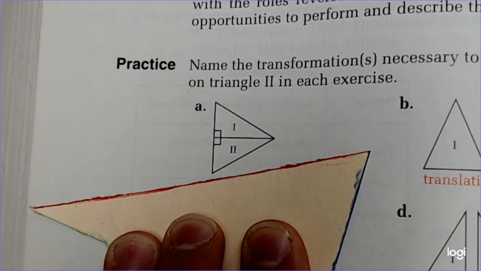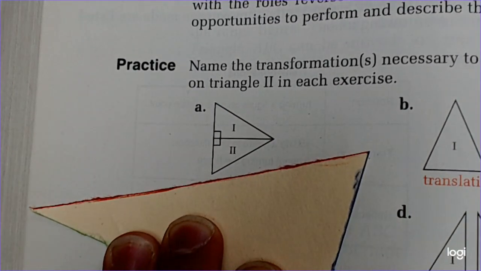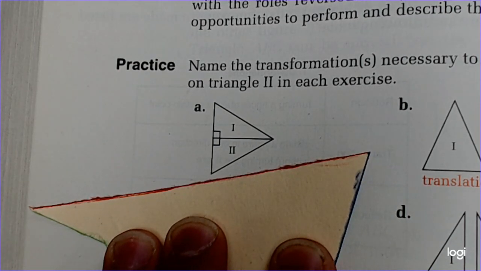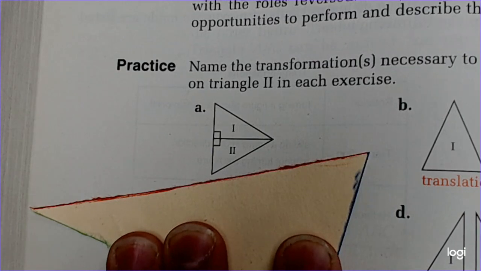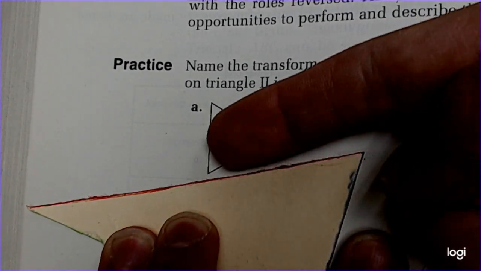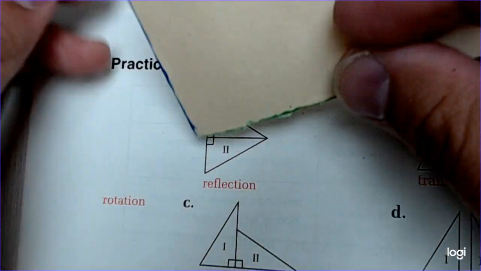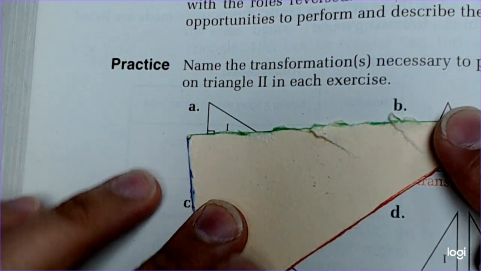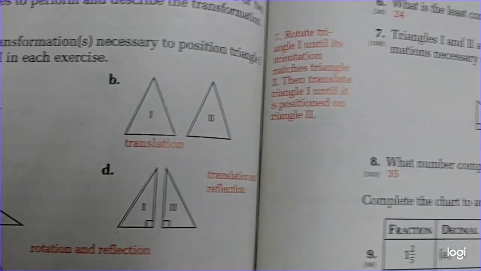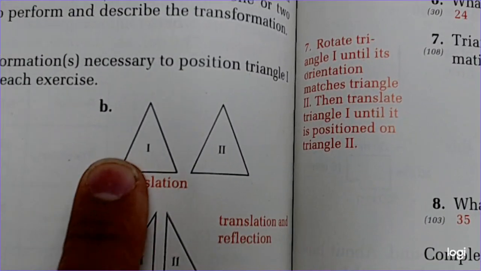We're looking at triangles 1 and 2. We have to figure out what transformation was used to move triangle 1 to the position of triangle 2. If you said reflection, that's right, because reflection is a flip across one side. So they took triangle 1, which looks like this, and then they flipped it down to be just like triangle 2. And then for problem 2, we see translation, where we just slide things back and forth.